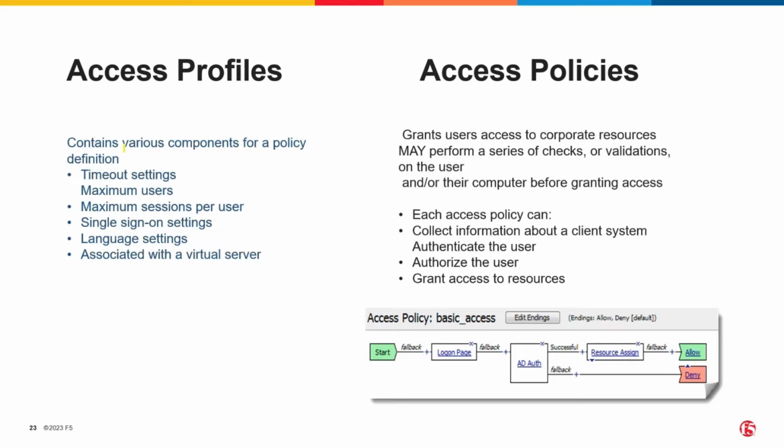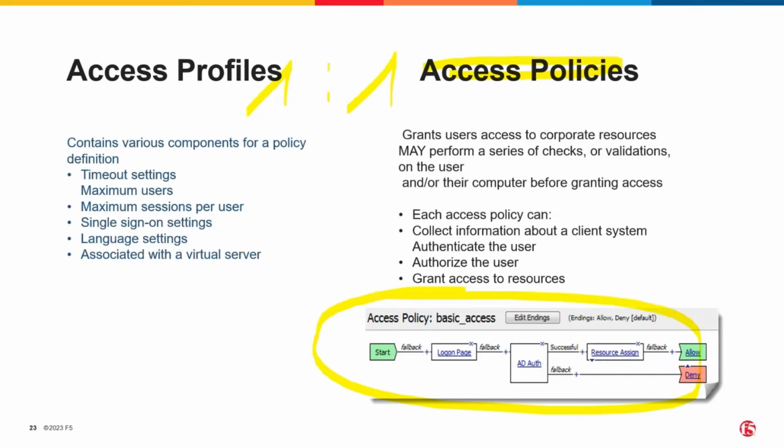So we will create a profile through the wizard, but you will see how it's being created and what's assigned to your virtual server. We create a profile with particular settings, and for each of those profiles there's a one-to-one relationship with something called an access policy. The access policy is something that you create in the GUI.